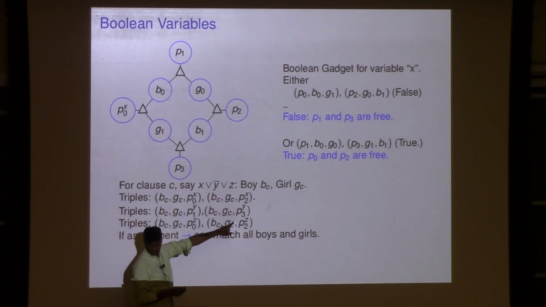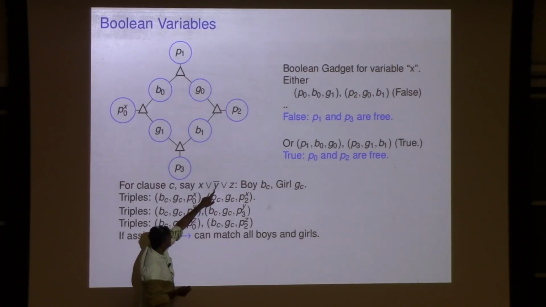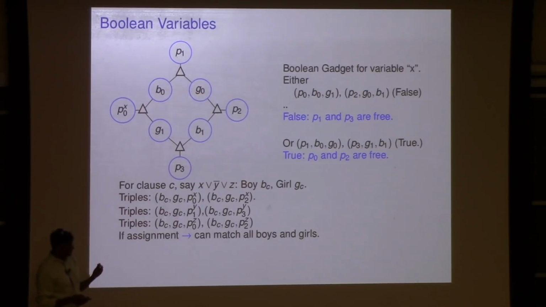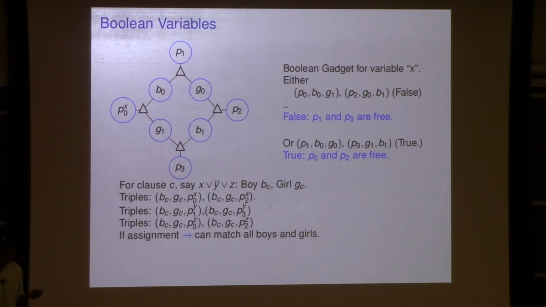If, for example, the Y gadget is set to false, I know that the odd pets are free. They're not matched. So I can use them to match this boy and girl, and they are now happy. Okay? So that says every clause has a pet.